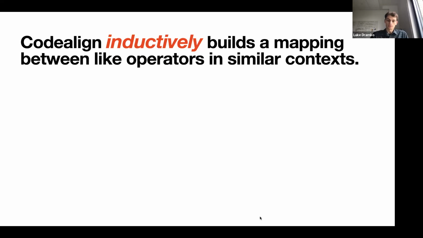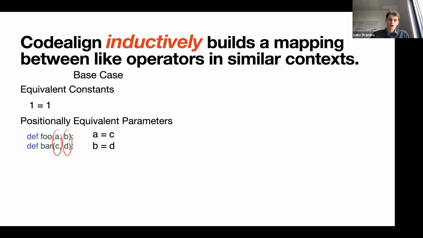Induction implies the existence of some sort of base case and then some sort of inductive step. So there's a number of different possible base cases. First, equivalent constants. If you see the same constant in the generated and reference code, these two things are, of course, always going to be the same. Parameters. We consider parameters equivalent if they occur in the same position in the function's argument list.